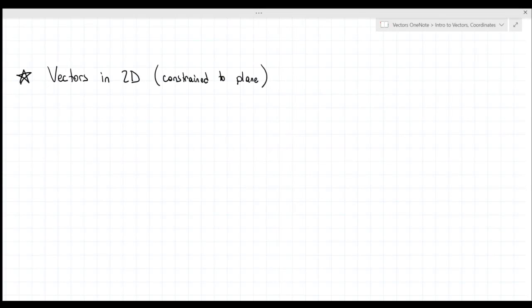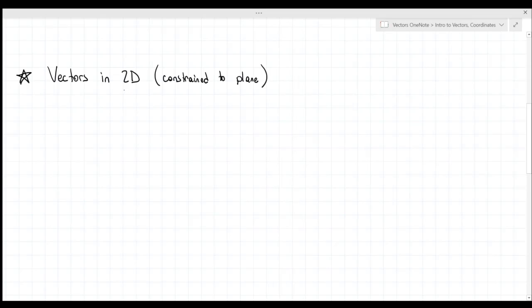I would say it's quite rare that you have a problem that involves 3 dimensions in both physics 1 and physics 2. I think for those of you going into 2419, you'll encounter some more problems that involve 3 dimensions. And then if you go into 2415 as well, you'll certainly encounter problems involving 3 dimensions. All right. But let's talk about vectors in 2 dimensions.